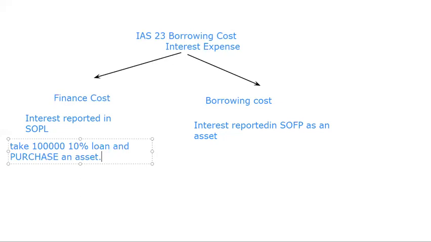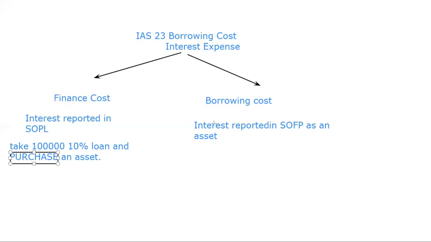So when we take a loan and we make a purchase, don't forget this please: when we purchase an asset with a loan, the interest paid on that loan will be finance cost, right?